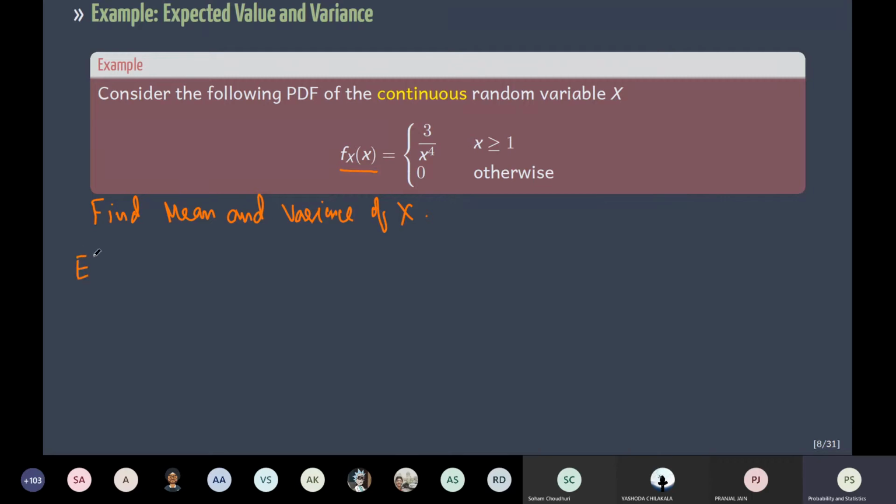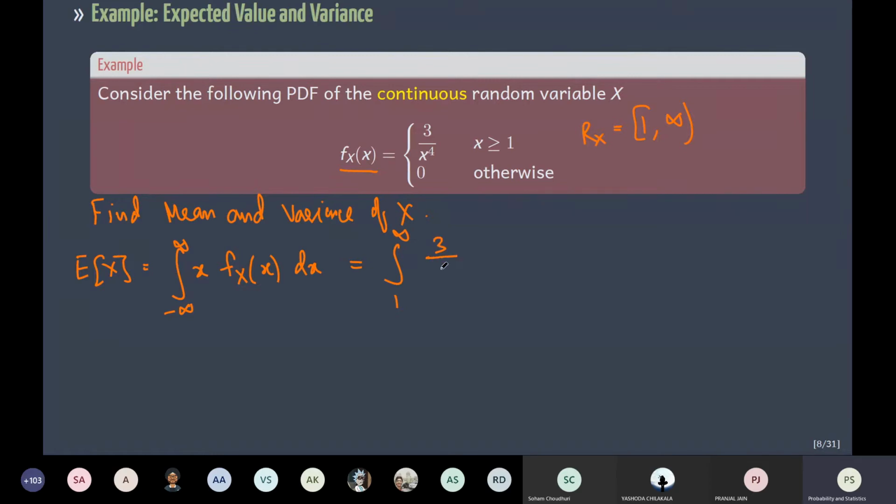The expectation of x is the integral from minus infinity to infinity of x times the PDF of x dx. The range of x starts from 1, closed, and goes up to infinity, which is always open, because infinity is not part of the real numbers. So minus infinity to infinity boils down to 1 to infinity.